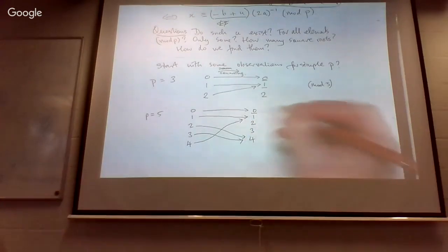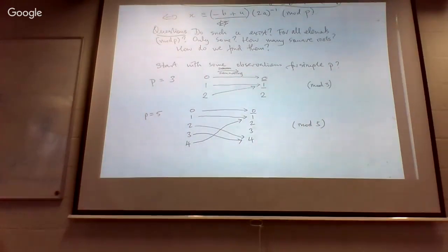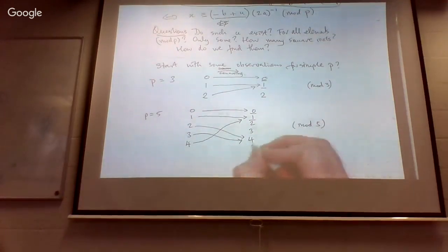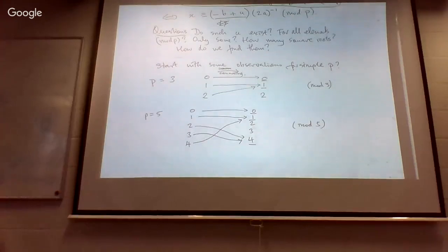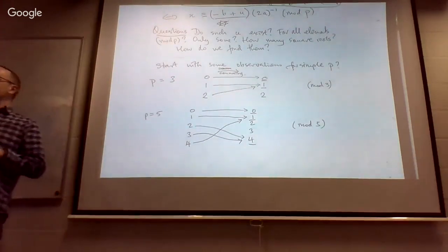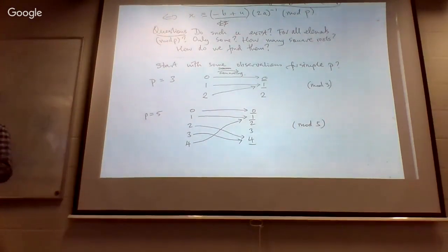So 0, well, 0 is always going to be there, isn't it? 0 squared is always 0. 1 is always going to be there. 4 is there. Of course, we kind of knew 4 was going to be there. Why did we know 4 was going to be there as a square, a congruence class mod 5? 2 squares to 4.